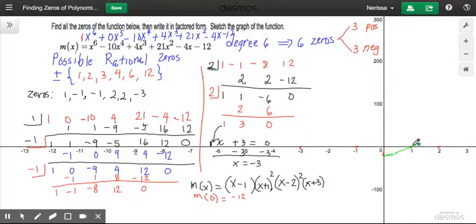And then it will go up a bit, but then 2 is coming up, which is another x-intercept. So therefore, it has to come down to get to 2 here. And then we look at how many times 2 is a 0, and 2 is a 0 2 times. Therefore, it's going to bounce here. So it's not going to cross the x-axis. It's not going to go down. It has to go back up to the positive territory. And since there's no more x-intercept on this side, the graph will just keep going up.